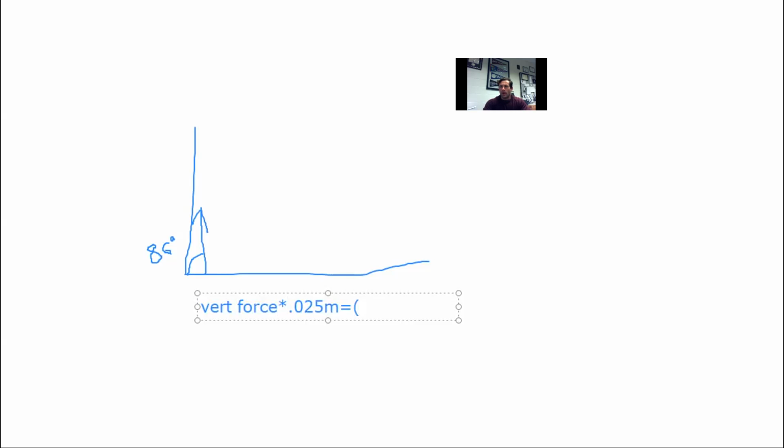So we've got a 20 kg weight multiplied by 9.81, because we've got gravity there, multiplied by 0.25 meters, because 25 centimeters.